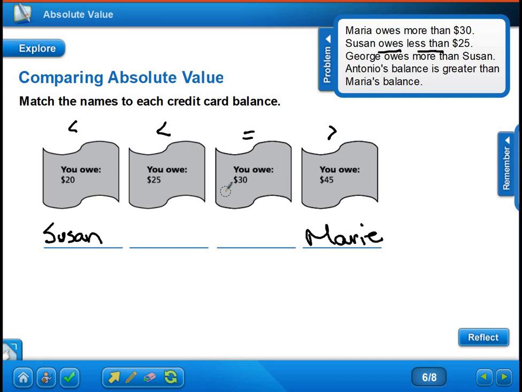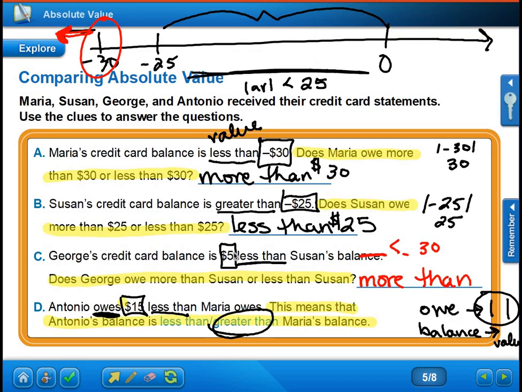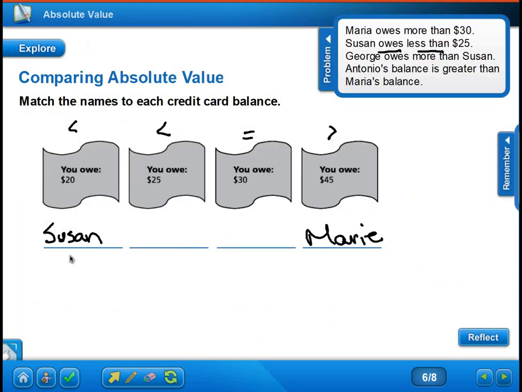Okay, so here we might have to go back a little bit more specifically and look at George. George has a balance that is $5 less than Susan's. So it's exactly $5 less than Susan's. In this case, the $5 less than Susan's would be the 25.